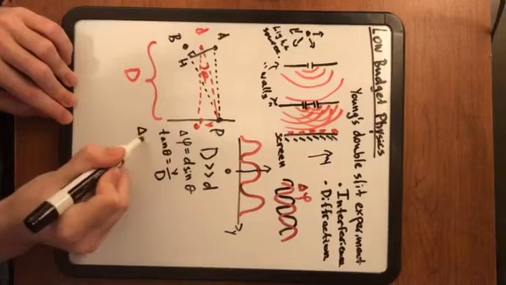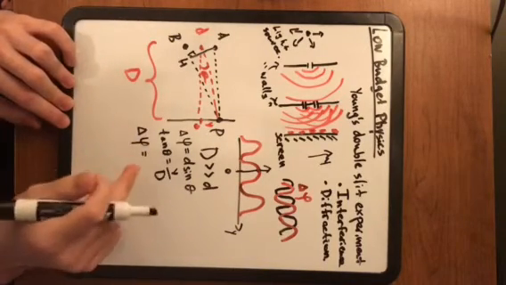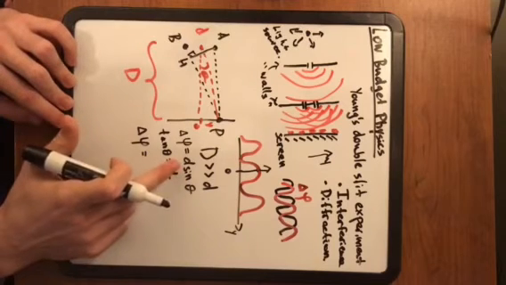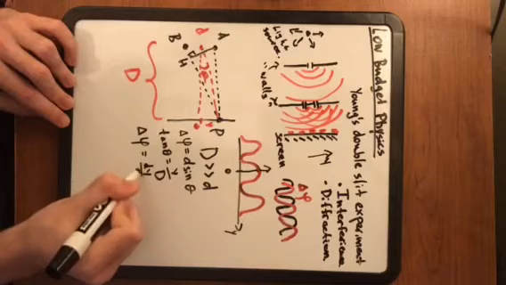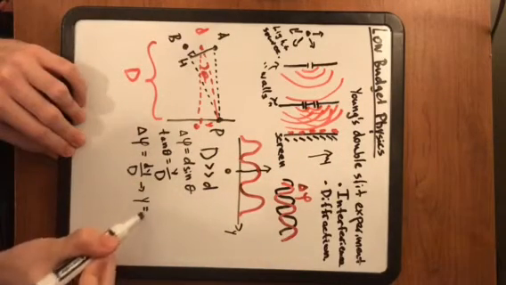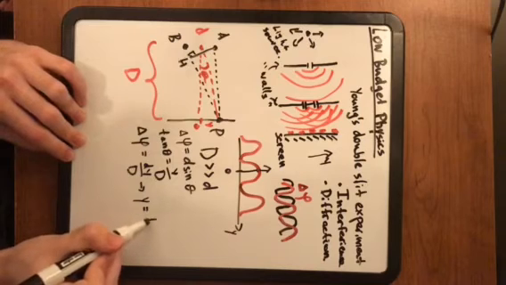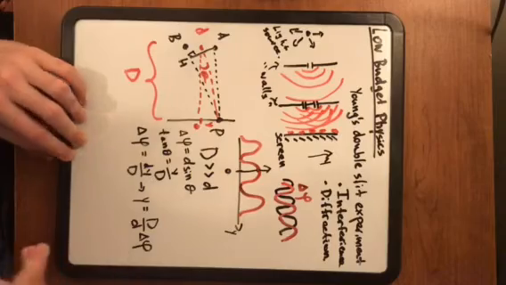The path difference approximately equals d times y over D. So if you want to find y, y equals capital D over lowercase d times the path difference.